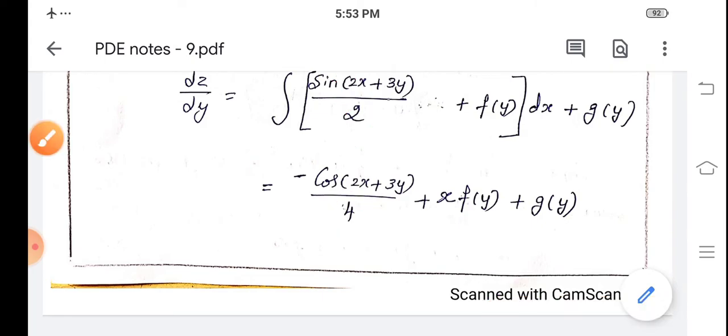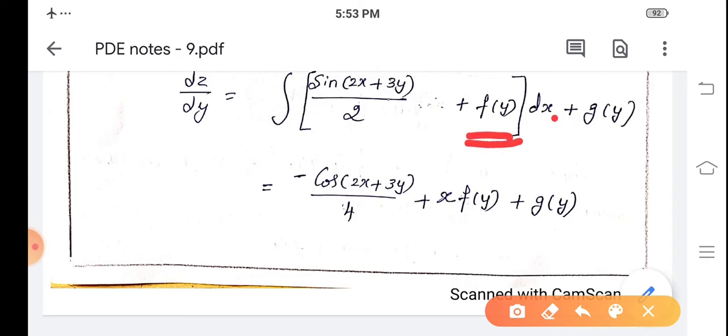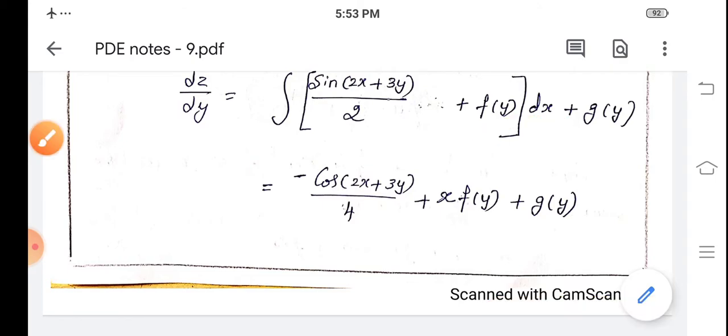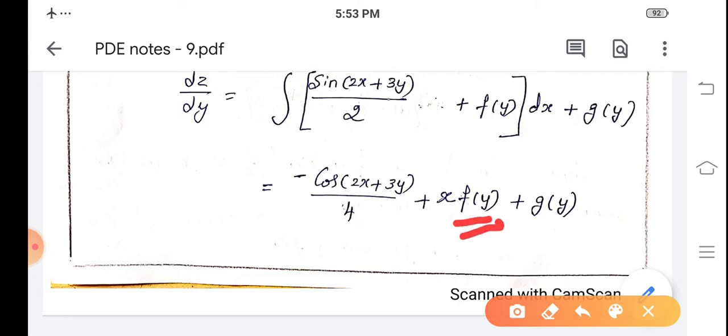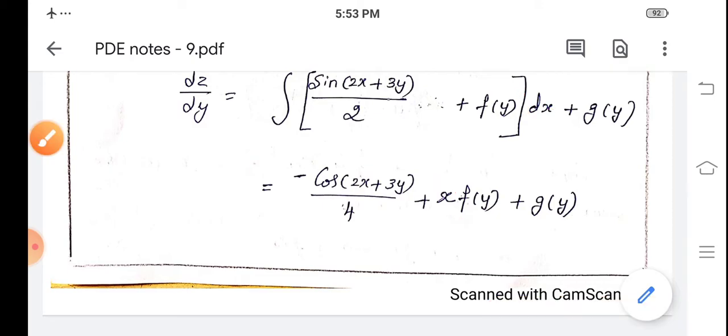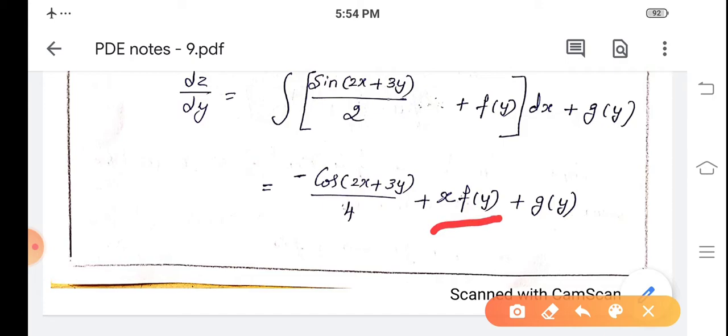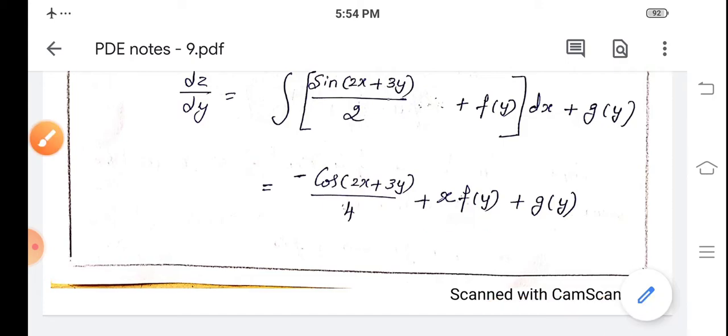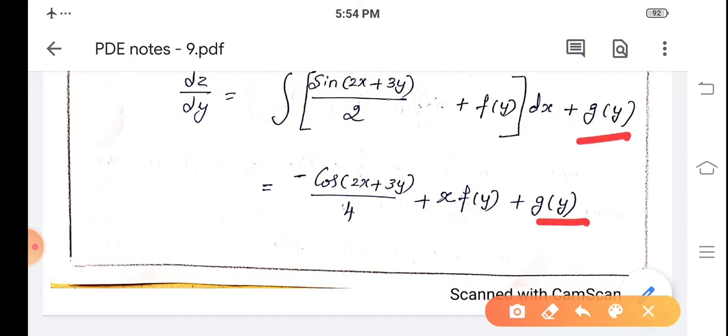Plus the next term is integration of f(y) with respect to x. But for integration with respect to x, the y term is constant. So we write it as f(y) into integration of 1 with respect to x. That will be equal to x. So integration of f(y) dx is x into f(y) plus g(y).